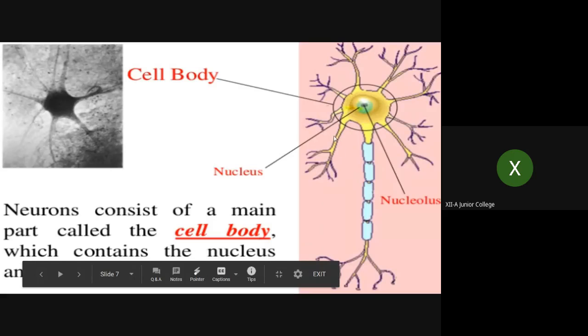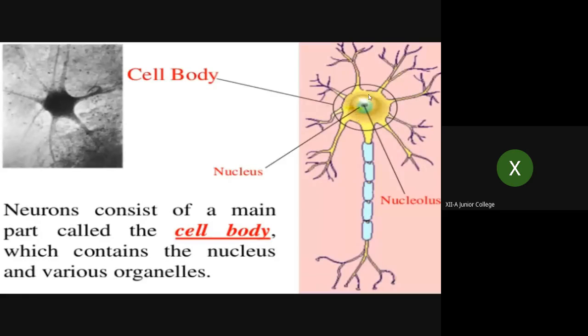So basically, two parts are there: this part called cell body or soma, and these extensions which you can see here. This cell body is nothing but the cyton, and these extensions are called dendrons.